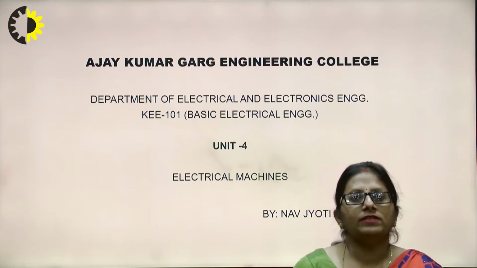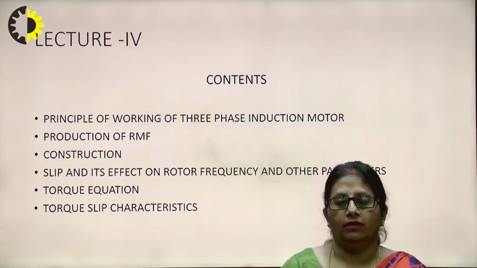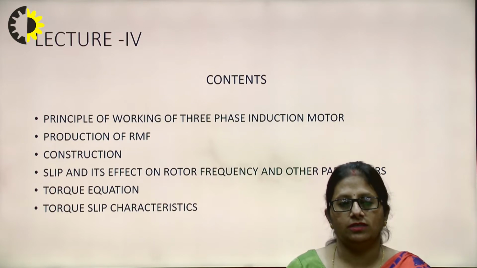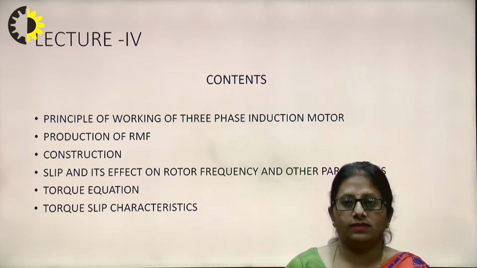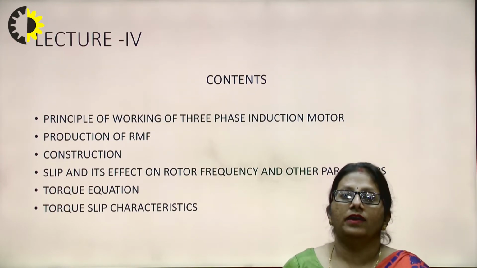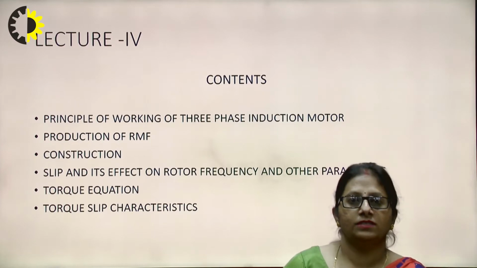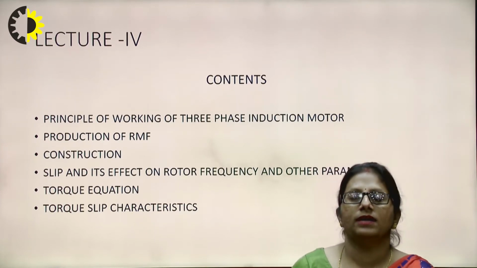In the previous lectures, in lecture 3 regarding the DC machines, we have seen the various kinds of DC motors, their constructions, working principles, and characteristics: torque versus speed, torque versus armature current.